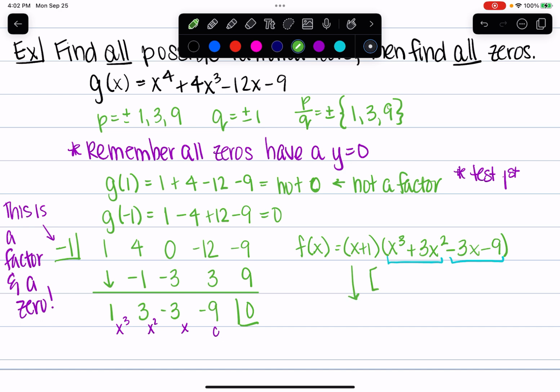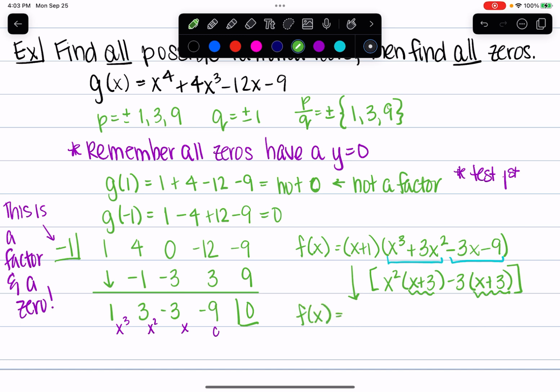So we're going to do this. Out of the first two, x squared factors out and leaves me with x plus 3. Minus 3 factors out and leaves me with x plus 3. Those x plus 3s are the same, so that is one factor.